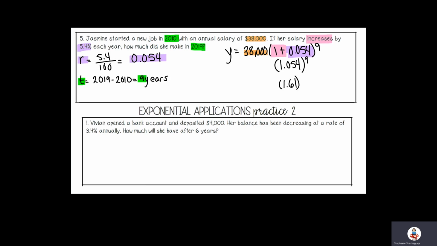And that multiplied by 38,000 is equal to $61,002.71. So that's her salary in 2019.